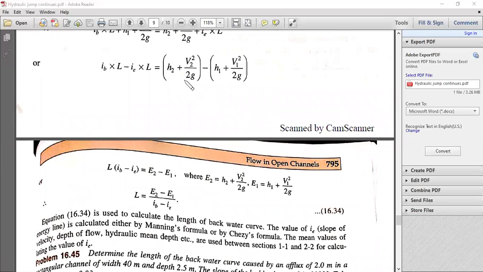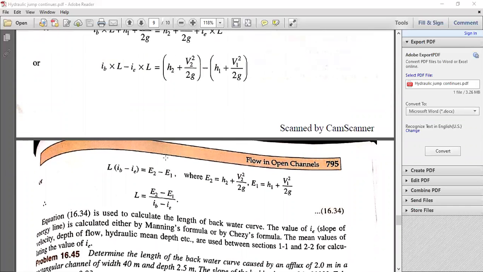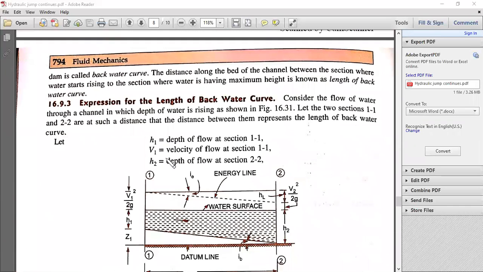Then this expression is nothing but the specific energy, that is H2 plus V2 square by 2g, and H1 plus V1 square by 2g. So this indicates E2 and E1. Substituting here E2 and E1, L will become E2 minus E1 by IB minus IE. So this is the equation for the length of the backwater curve.